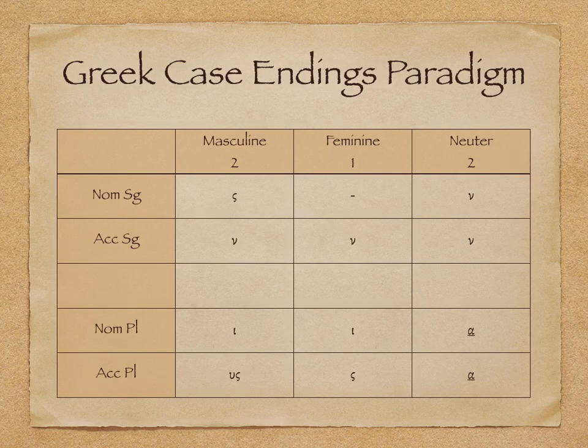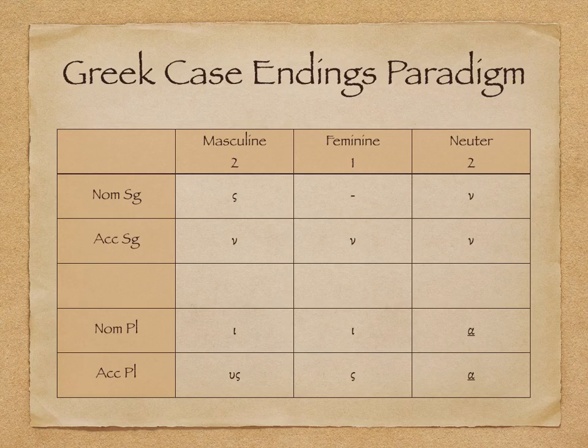Now, here is a slide to begin to memorize. Here are the case endings. If we see these letters at the end of a word, we're going to be thinking about a noun and a specific function that that noun has in the sentence. And we'll know that by its being a nominative or accusative, and then we can know singular or plural, and we can identify its gender as well. Masculine, feminine, neuter.